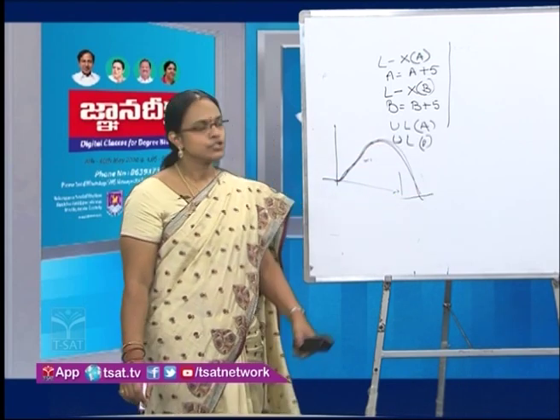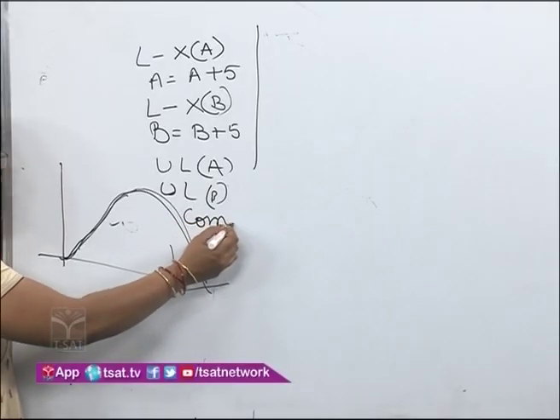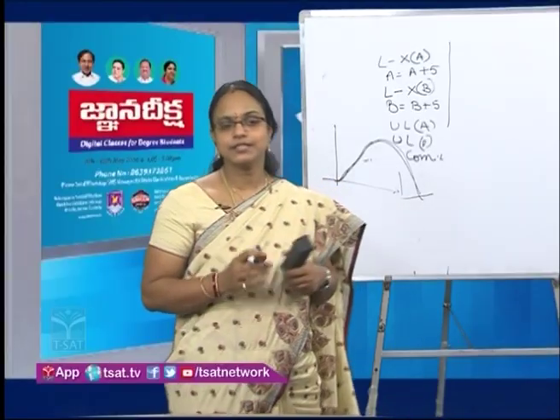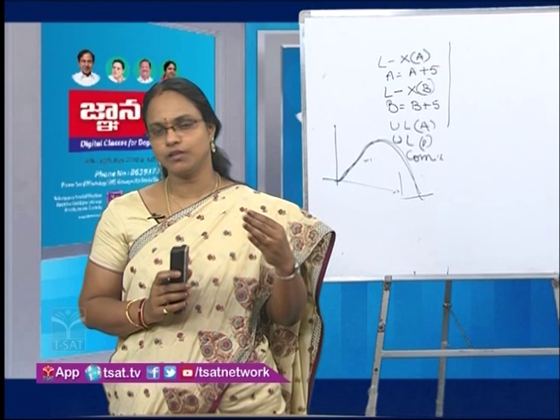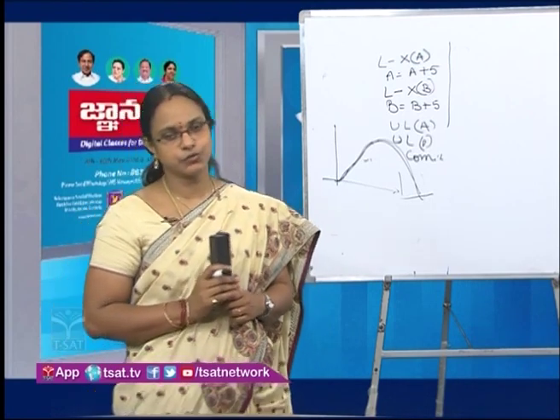Even if I am not releasing the locks, what is the last statement of a transaction? Either commit or rollback. Once you execute commit, all the locks the transaction has applied will be automatically released. So this is two-phase locking.